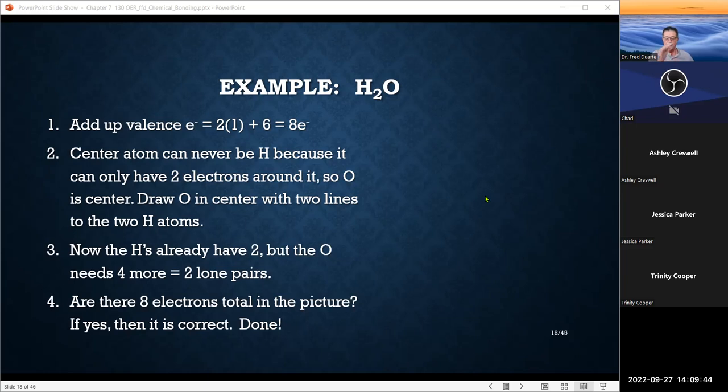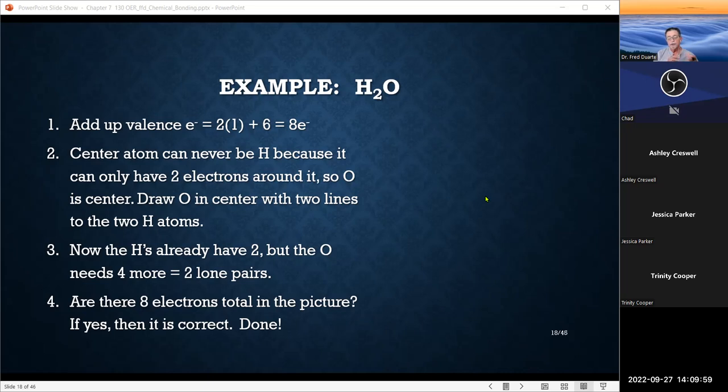The key is to keep track of your electrons as you start making the structures, and keep in mind that whatever number you come up with with respect to valence electrons, that is a number you're going to work with.